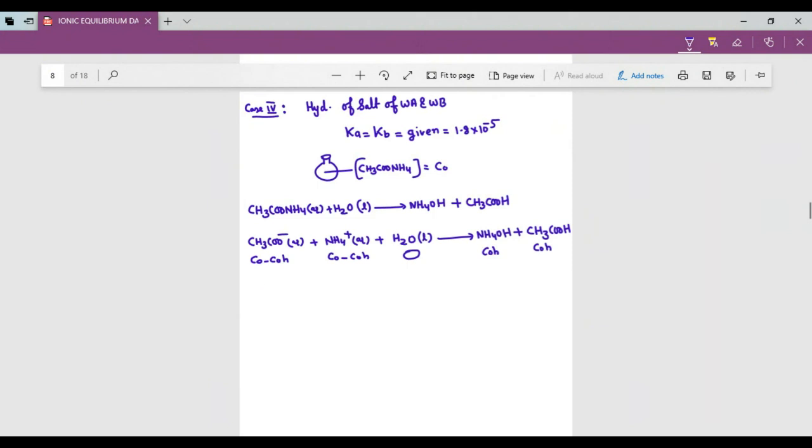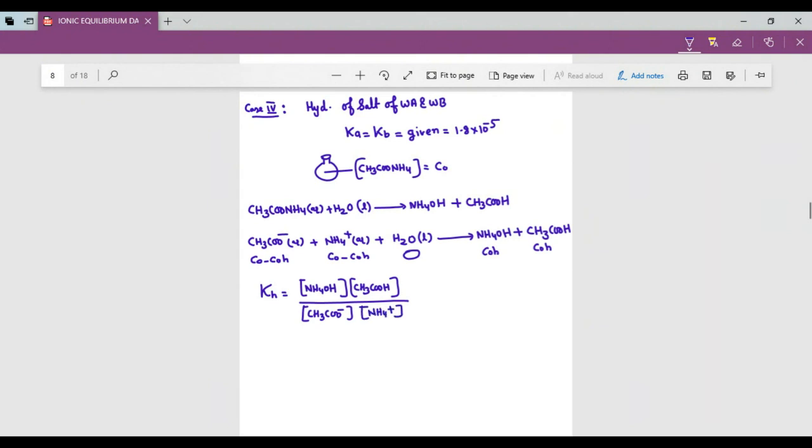Now, if I write what is the hydrolysis constant of this reaction, the hydrolysis constant Kh is equal to the concentration of ammonia or NH4OH into concentration of acetic acid CH3COOH, divided by concentration of acetate ion CH3COO- and concentration of ammonium ion NH4+.